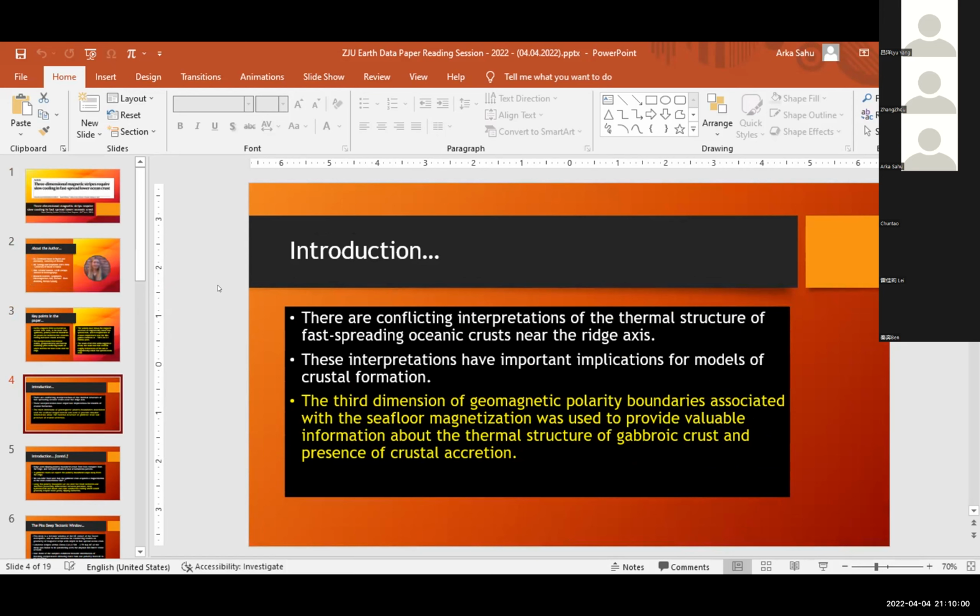What they mean by a third dimension study is that apart from studying the solid samples from the Earth, they also did a study using an autonomous underwater vehicle, AUV, and they oriented the samples at the ocean floor and took scrapes from that. So the seafloor magnetization provided valuable information about the thermal structure of the gabbroic crust and the process of crustal accretion.